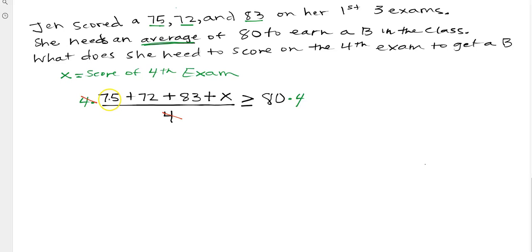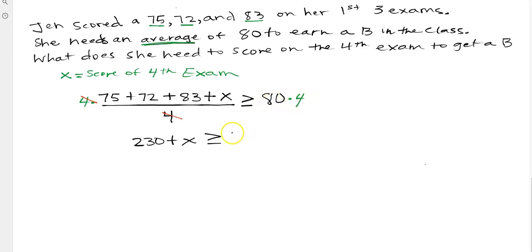And now I need to add these 3 together: 75 plus 72 plus 83, and that's going to give me 230 when I add those together. So I'll have here 230 plus x is greater than or equal to 80 times 4.